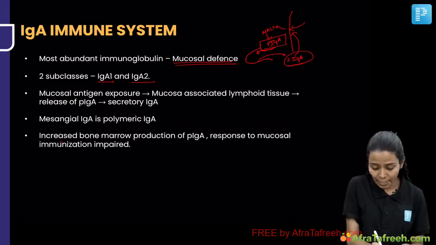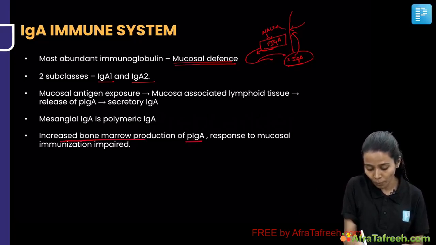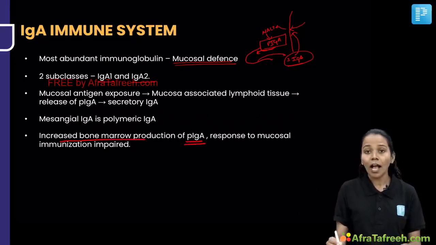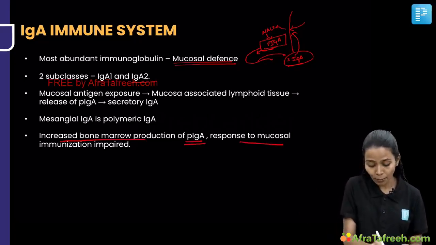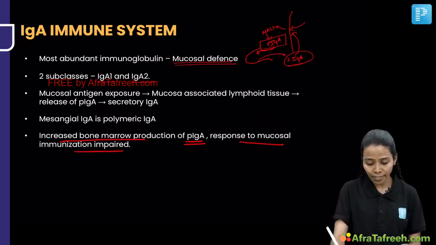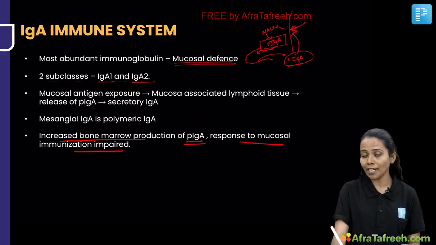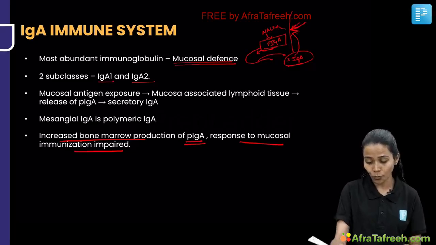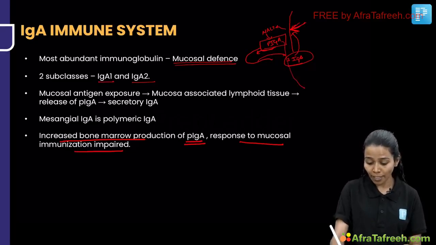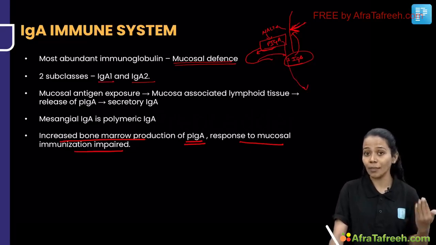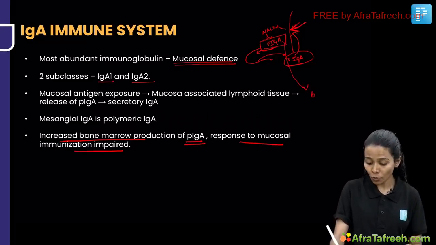So there is increased bone marrow production of this polymeric IgA, and response to mucosal immunization is impaired. So once something comes to the mucosa, only here polymeric IgA is supposed to be produced. But in patients with IgA nephropathy, it is seen that once it is exposed to any infection, this polymeric IgA is not just produced in the mucosa, but it is also produced in the bone marrow.